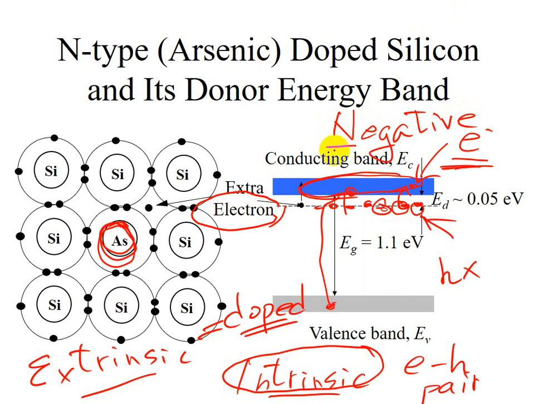So we say this is the so-called N-type semiconductor. For a silicon wafer, if you introduce a group 5 element, you will form an N-type semiconductor.